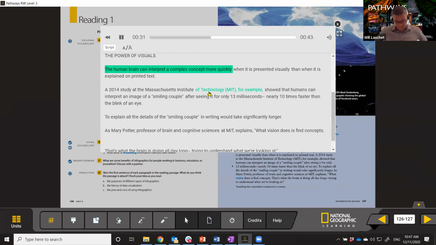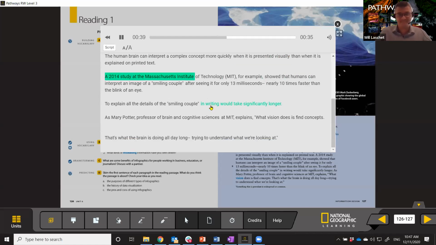The human brain can interpret a complex concept more quickly when it is presented visually than when it is explained in printed text. A 2014 study at the Massachusetts Institute of Technology, MIT, for example, showed that humans can interpret an image of a smiling couple after seeing it for only 13 milliseconds, nearly 10 times faster than the blink of an eye.